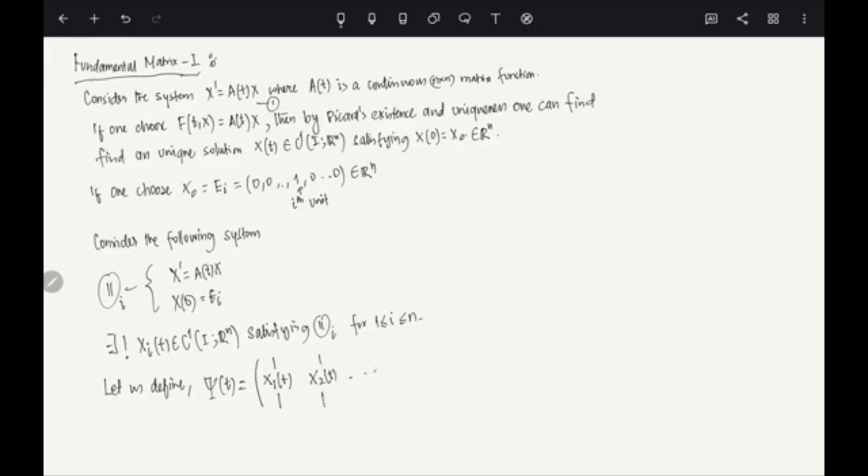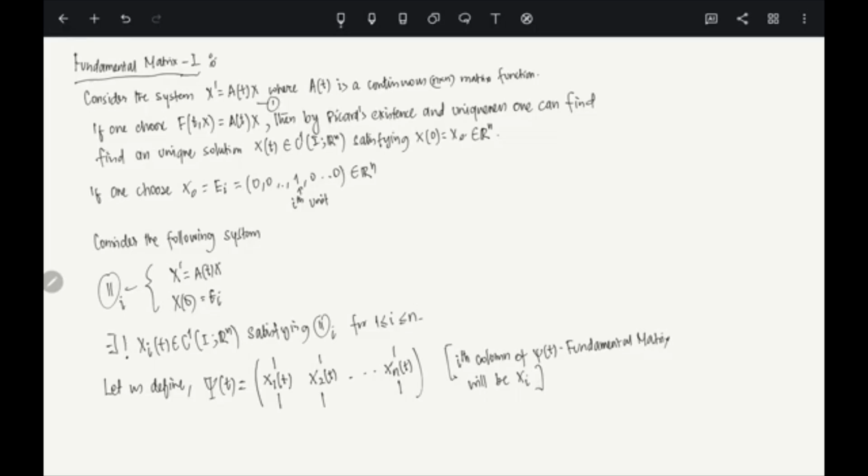So we define this new matrix, where the ith column of phi of t, which we will call a fundamental matrix, will be xi of t.